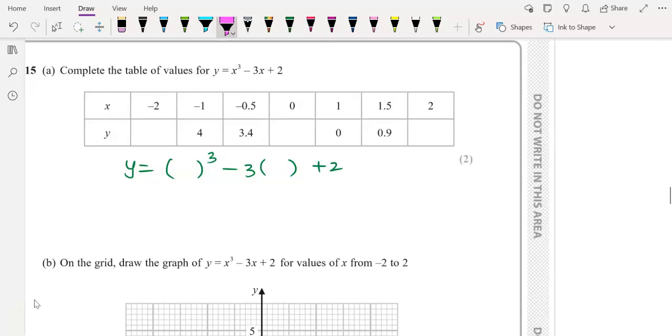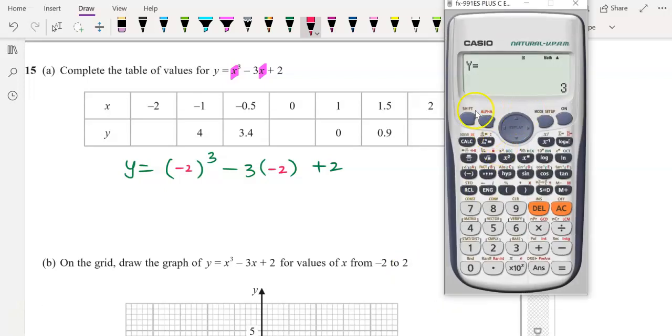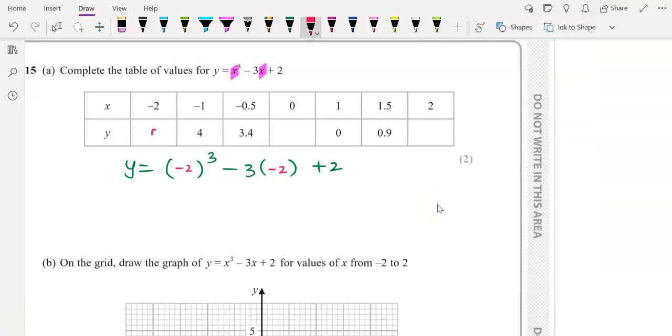Replace all x by minus 2. So you have minus 2 whole cube minus 3 times minus 2 plus 2. You get answer 0. The first answer is 0.